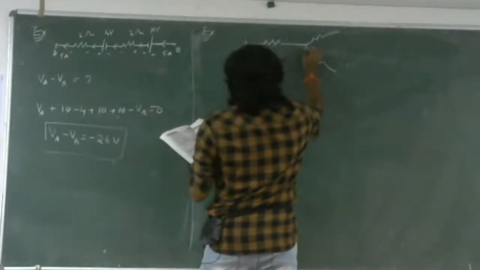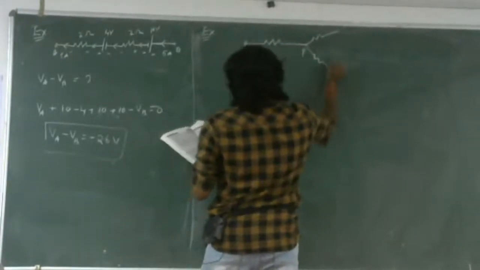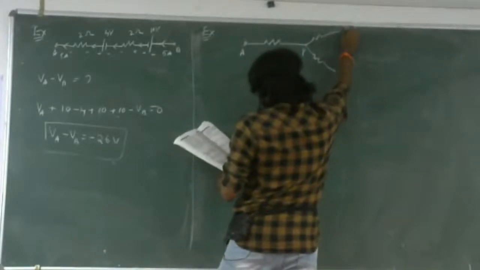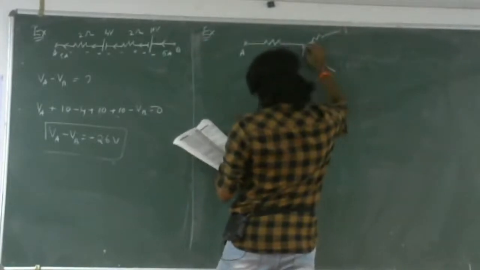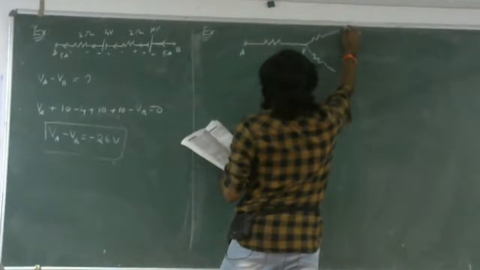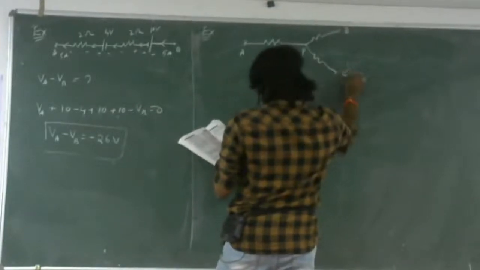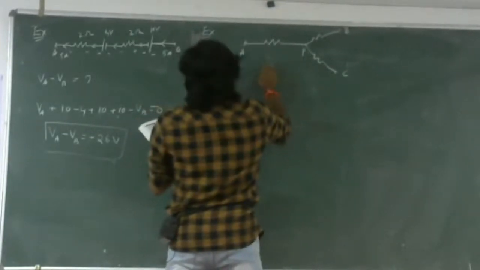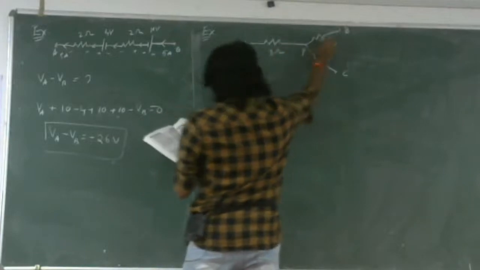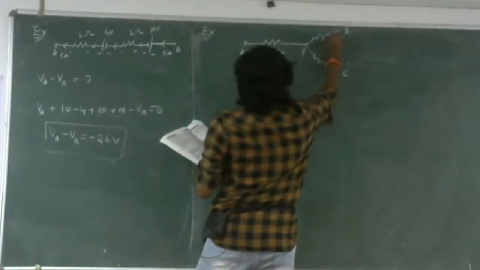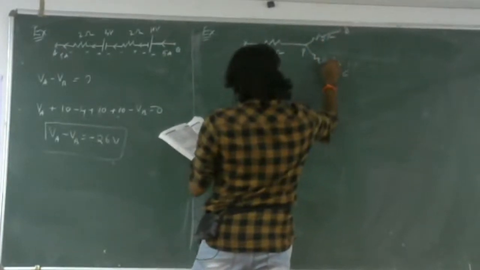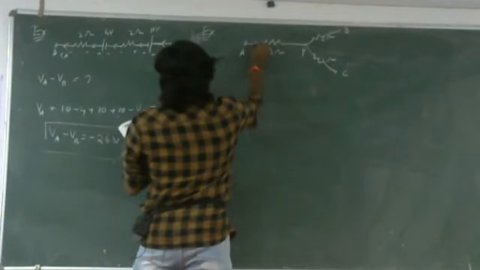This junction is named P. This one you can call B, and this is C. So this resistance is 3 ohm, this is 2 ohm, this is 1 ohm. And it is mentioned that a current I is flowing in this.